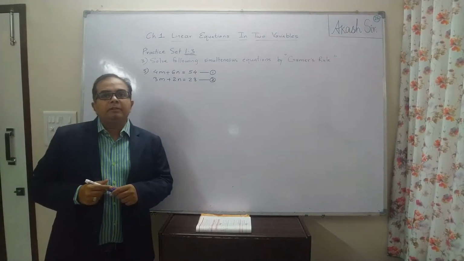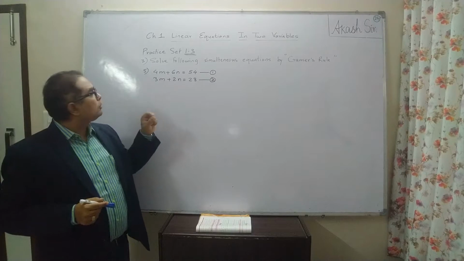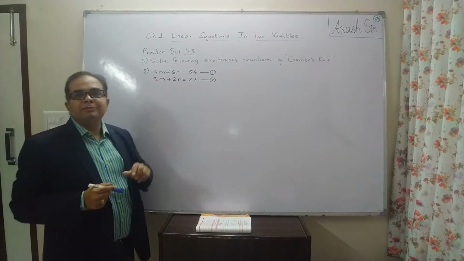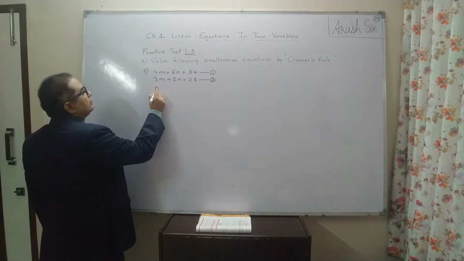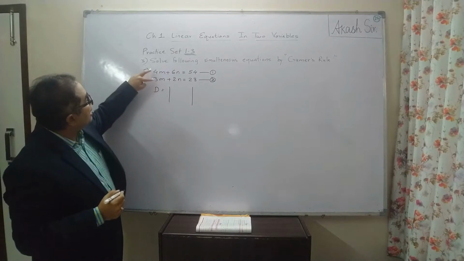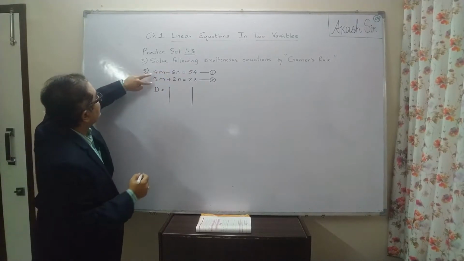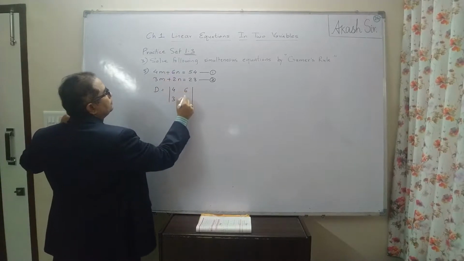Now example number 5. 4m plus 6n is equal to 54 and 3m plus 2n is equal to 28. In this, first find D. Determinant D is equal to the coefficients of m and n as they are, that is 4, 3 and 6, 2.